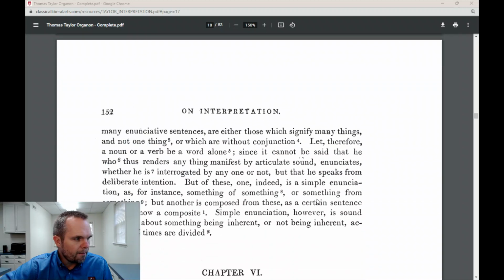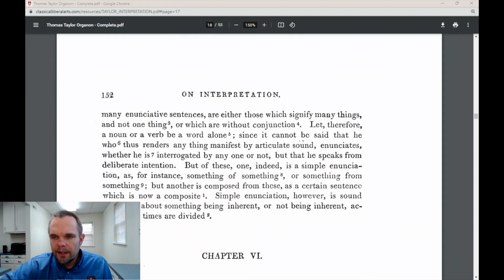Let's move on here. Many enunciative sentences are either those which signify many things and not one thing, or which are without conjunction.